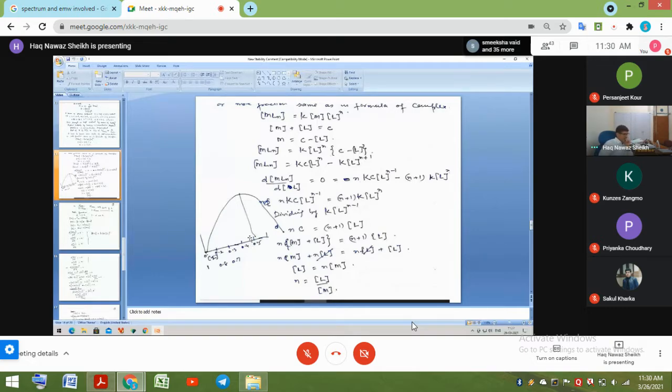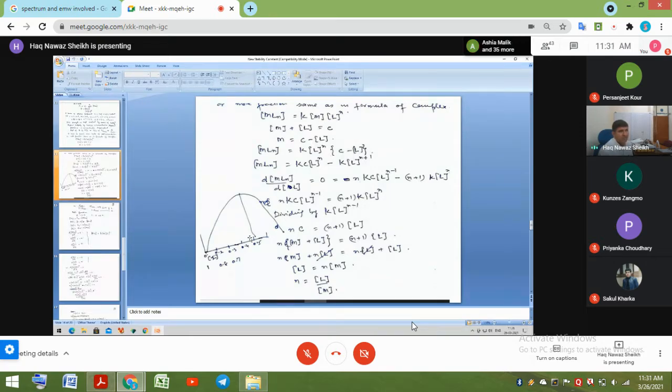We have plotted the absorbance on the y-axis, so technically we write dA by dL, and we have plotted the concentration of the ligand on the x-axis. So I will write dA by dL is equal to 0. The change in the absorbance with the change in concentration of the ligand is 0 at the maximum.